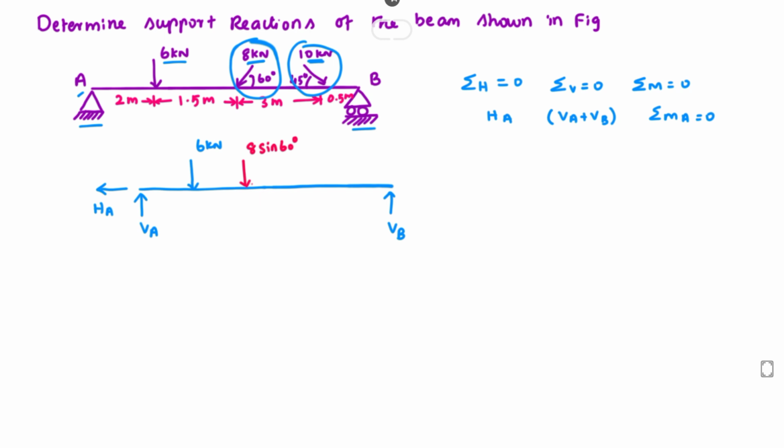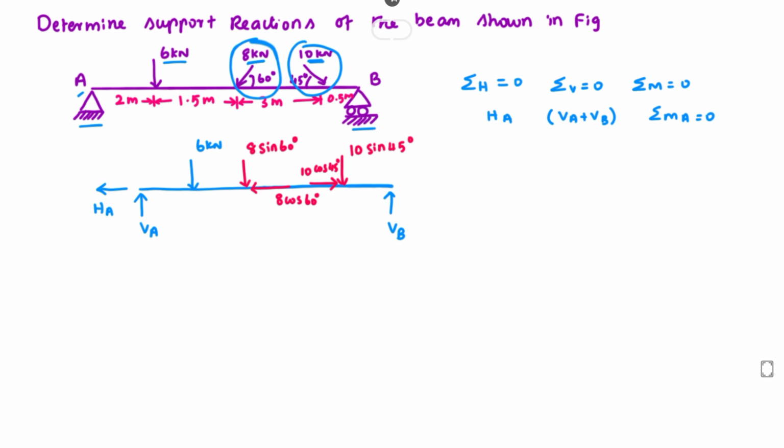Likewise here we can take 8 cos 60 degree. Likewise we take the 10 kilonewton force over here: 10 sine 45 degree, and here the direction will be 10 cos 45 degree. Okay, so this is the beam diagram.